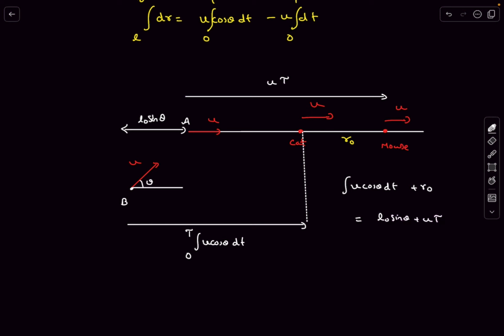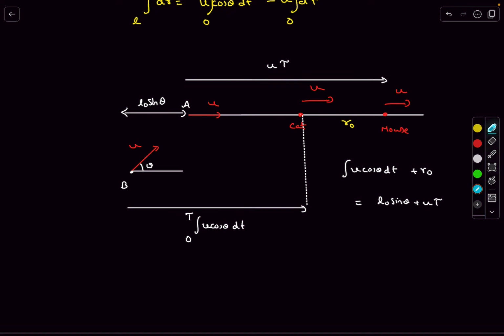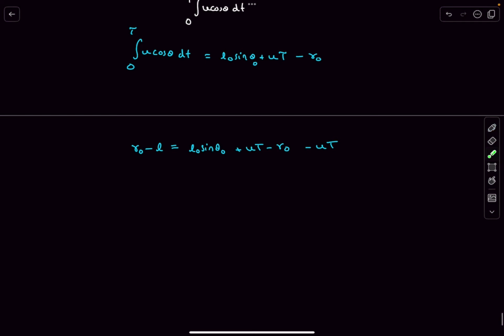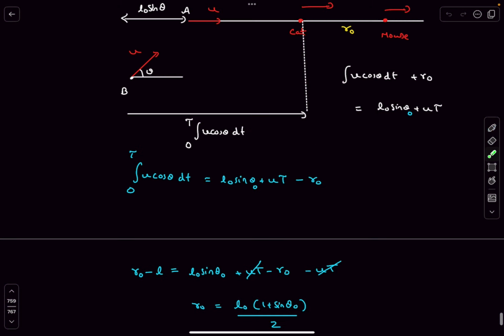So we are basically just equating distances at this point. And from here we can easily get the integral of u cos theta dt. Now we can just substitute the integral of u cos theta dt into our original relation. And from here r0 turns out to be L0 (1 plus sin theta naught) divided by. So this r0 is the final separation between the cat and mouse.